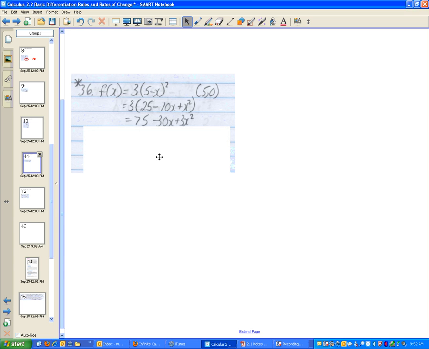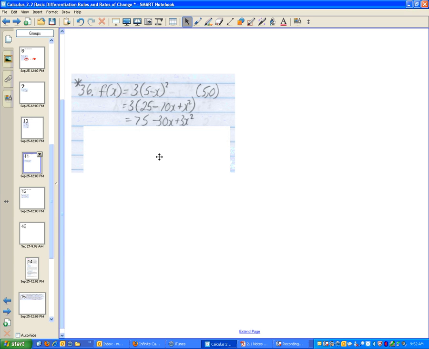The reason I'm doing it one term at a time is the sum or difference rule. The constant multiple rule or the combination rule works out the same either way.